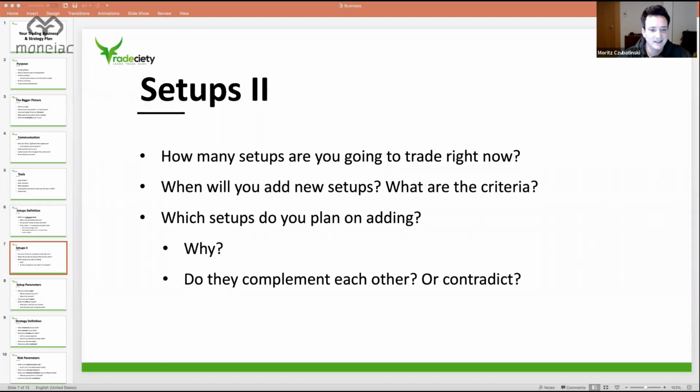So it takes at least a year to master a setup, probably more, but after a year you can trade it more or less on autopilot, and you know exactly what you are doing, what you're looking for, you know the nuances and so on. And that's when you free up brain capacity and you can start adding new setups and start reading new books or get information from other sources and start developing a new thing, or maybe start developing it on top of what already works for you, which is what I do a lot.